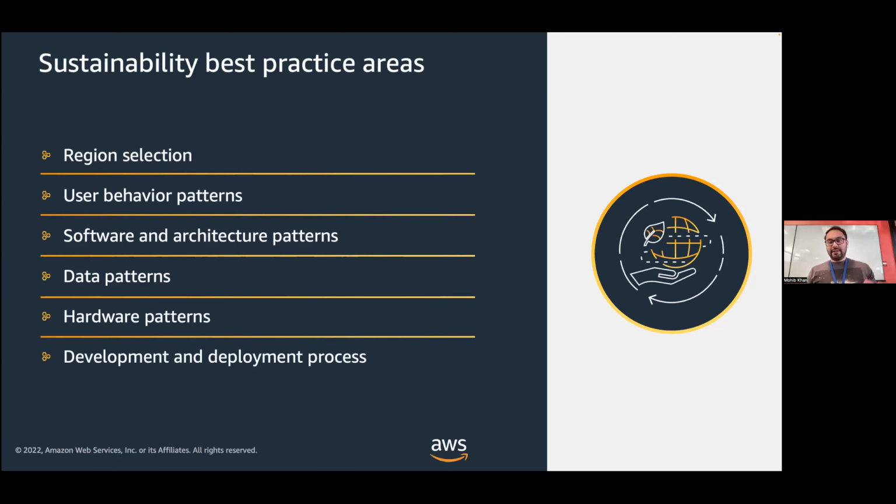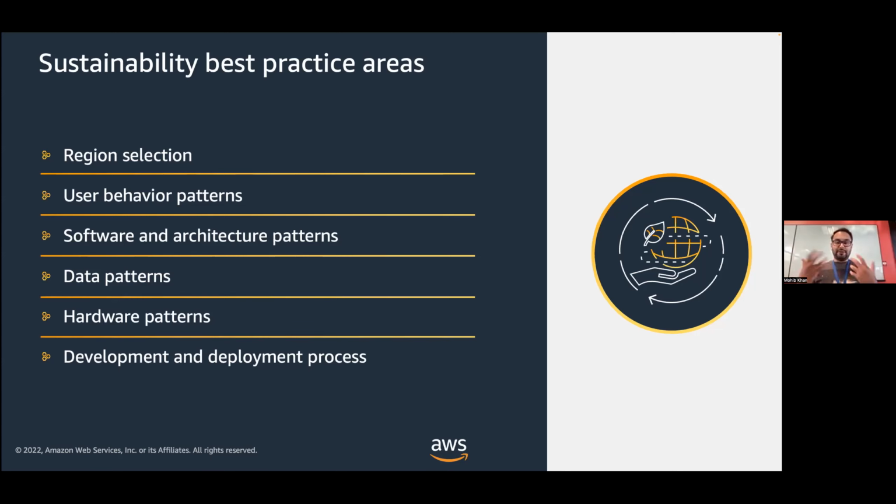So each of these areas represents opportunities for what? To employ best practices to reduce the sustainability impact of your cloud workloads, maximize utilization of your workload, and be efficient on energy and minimize the waste.